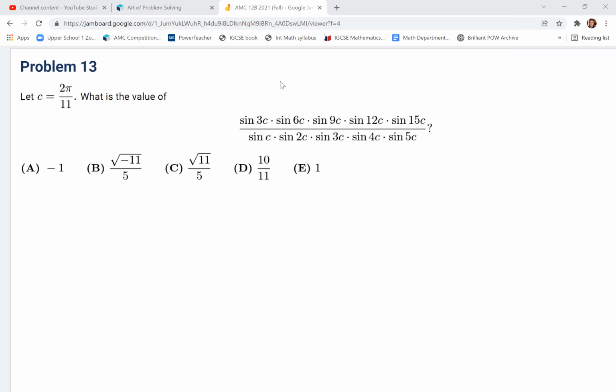The trick here is, if you fill in these values, if you plug in c for each of these things, you will get, let me take a look at my notes here.